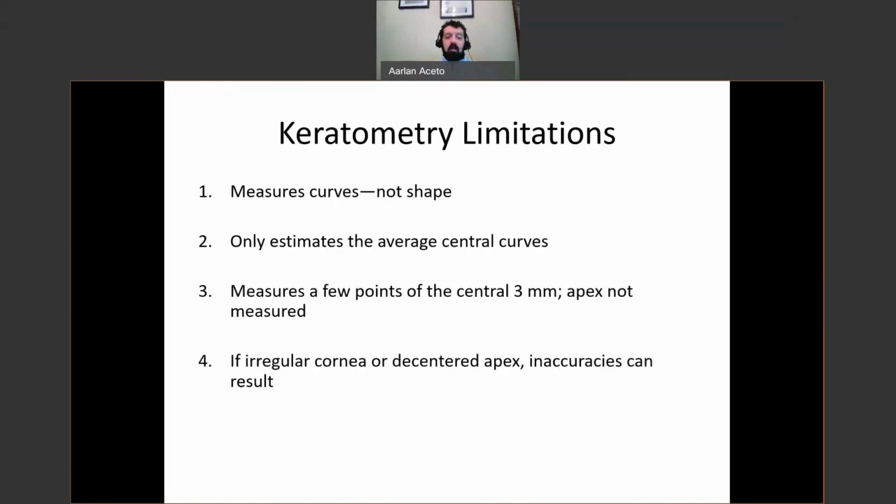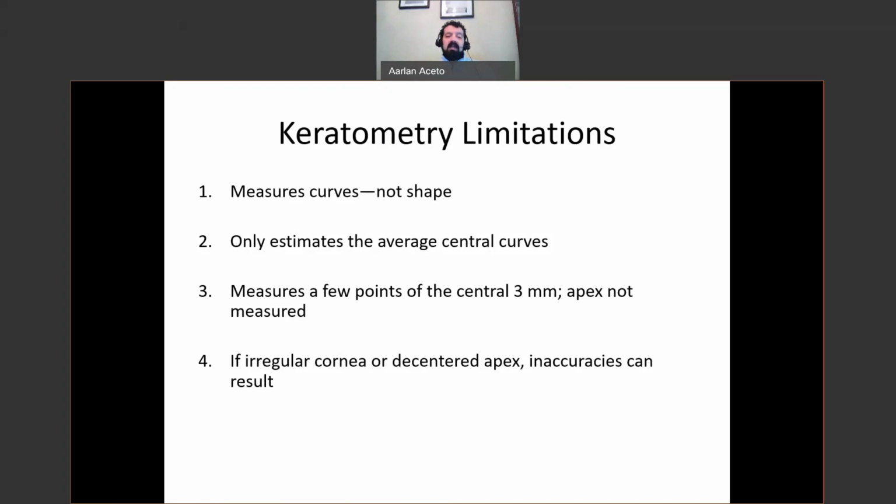If you have an irregular cornea, let's say from trauma. Remember, one of the things we talked about in one of our last homeworks was, why would you use a gas permeable lens to create a more regular refractive surface for someone? And we used the example of an irregular cornea. It could be trauma from an injury, it could be surgery, it could be some type of disease, like keratoconus, the most popular one that comes to mind.